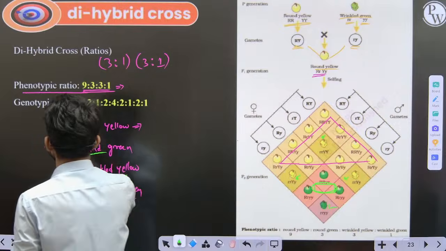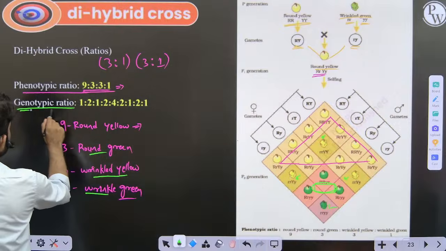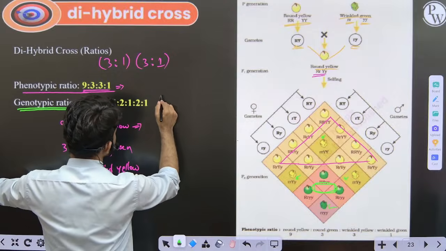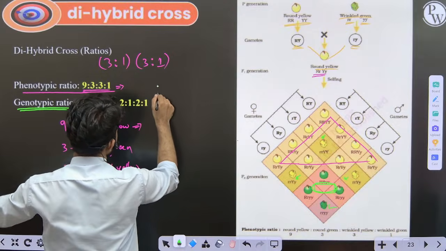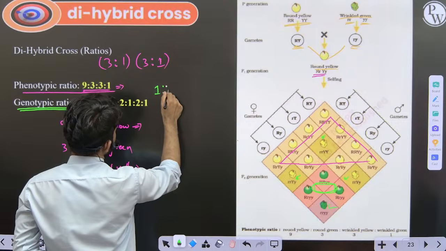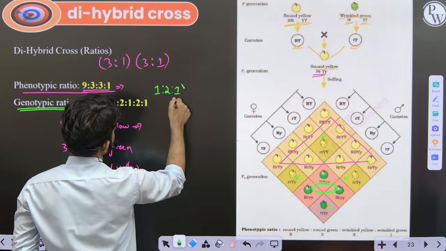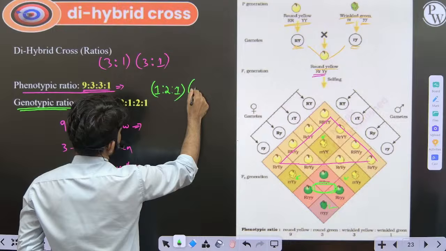So we will take the genotypic ratio also. In the genotypic ratio also, what is the genotypic ratio of a monohybrid plant? So here you can see 1 is to 2 is to 1.